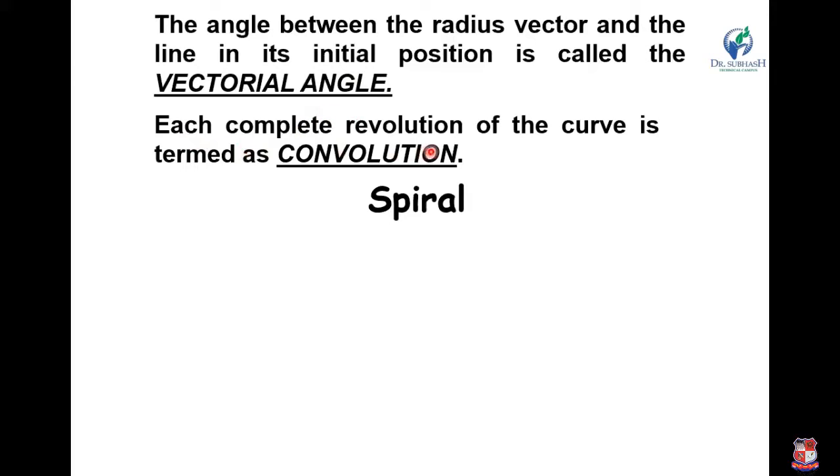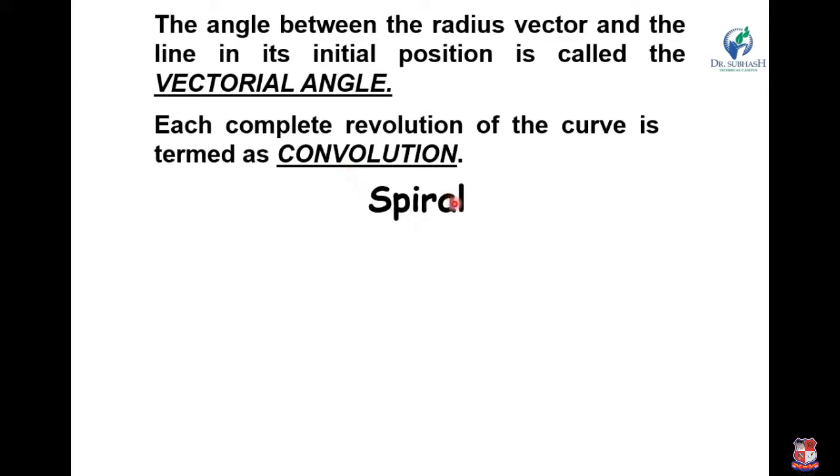Each complete revolution of the curve is termed a convolution. The term convolution means the 360-degree rotation of the spiral. So one revolution is equal to one convolution, which is equal to 360 degrees.